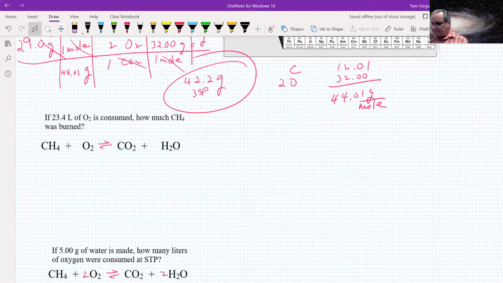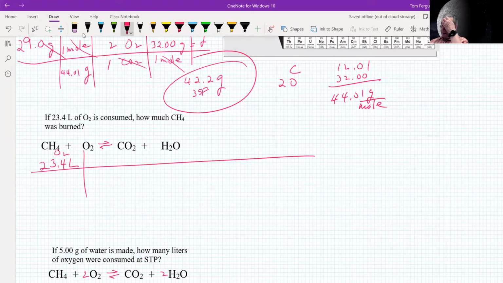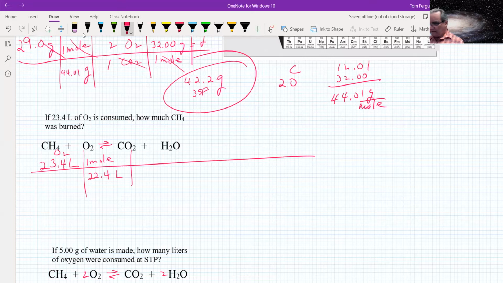So what's given? Oxygen. So going from liters to moles for gas at standard temperature and pressure, it's 22.4.